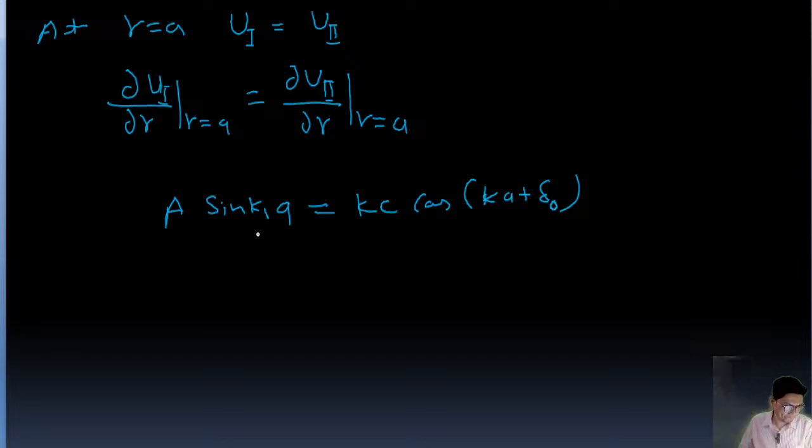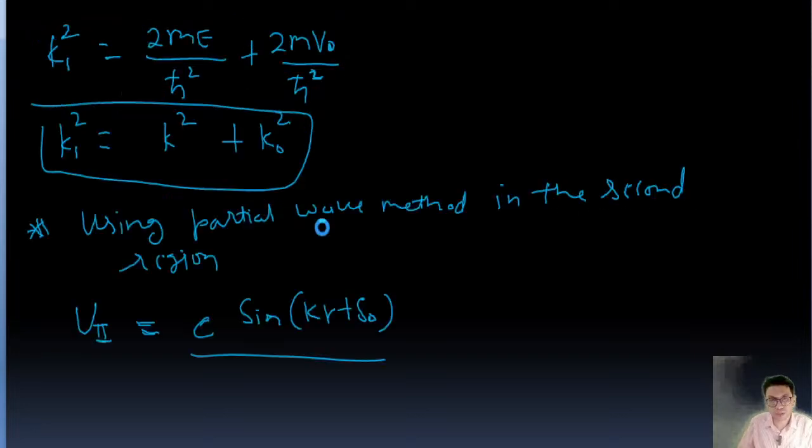Okay, so this is equation number 3. I think we've made some mistakes. This is the value, c sine(kr + delta naught). So u2 we are writing, we have not differentiated at the time.